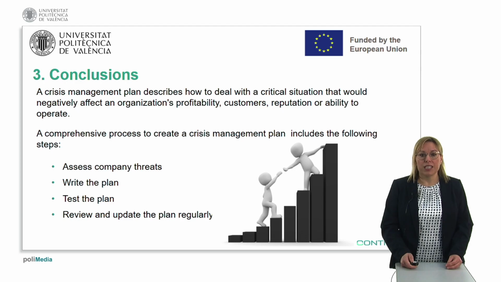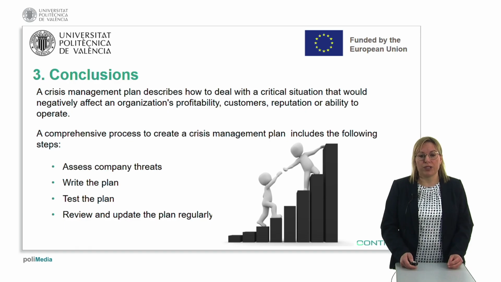As a summary, it is worth mentioning that a crisis management plan describes how to deal with critical situations that would negatively affect an organization's profitability, customer reputation, or ability to operate.